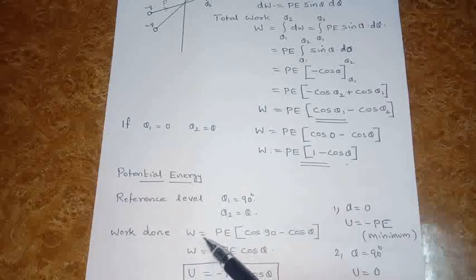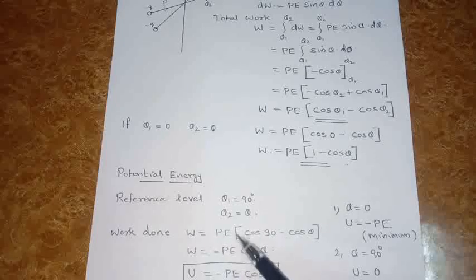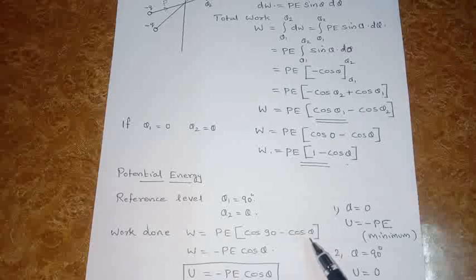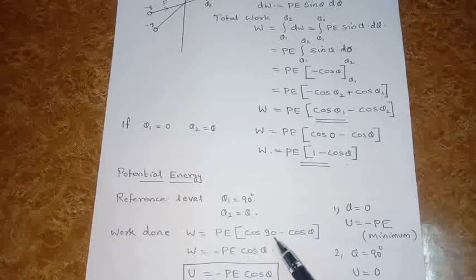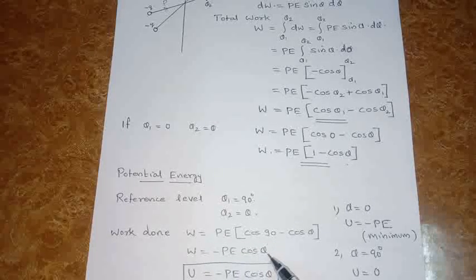Then what is the work done? According to this equation, the work done is pE into cos of the reference level 90 minus cos of any other direction theta. Since cos 90 is equal to 0, W is equal to minus pE cos theta. This equation is considered as the potential energy of the dipole in an electric field at any orientation.